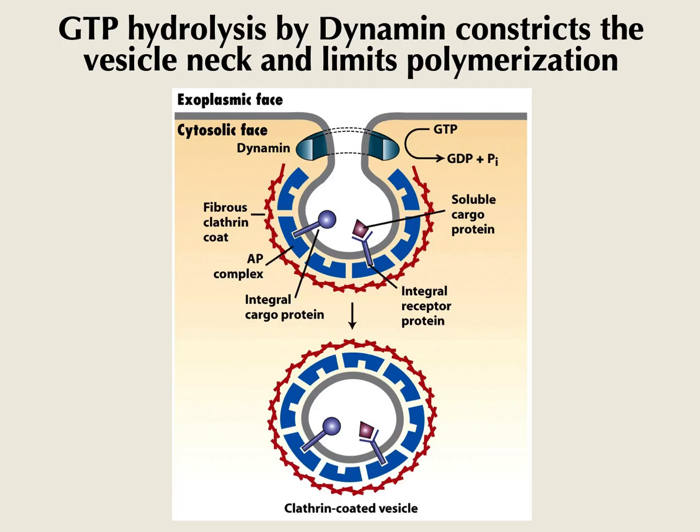So anyway, the idea is that once dynamin has helped pinch off that membrane, of course, in the first place, the neck and the vesicle start forming because the clathrin coat has assembled, shaping the vesicle and recruiting these cargoes, and eventually the vesicle breaks off.